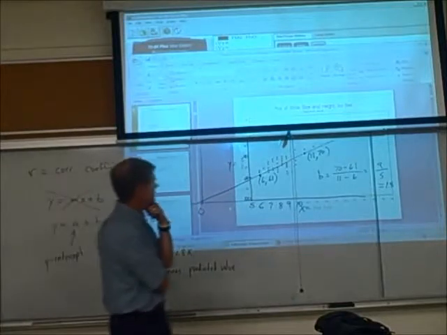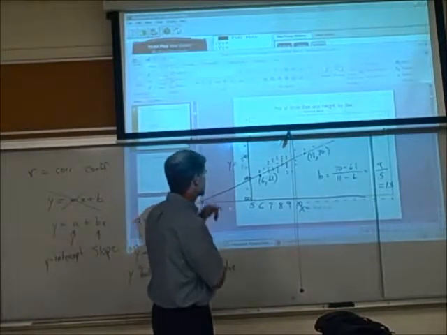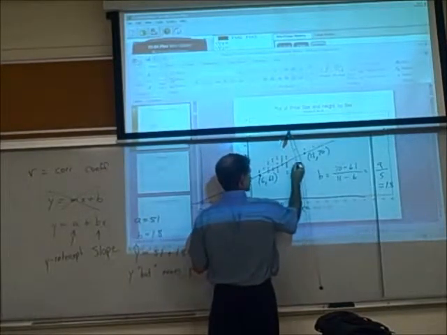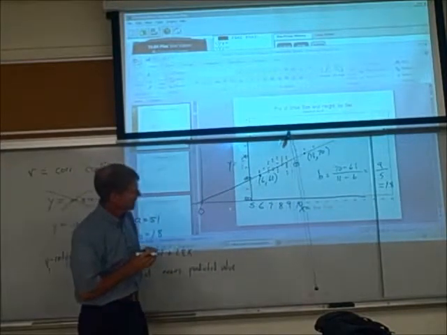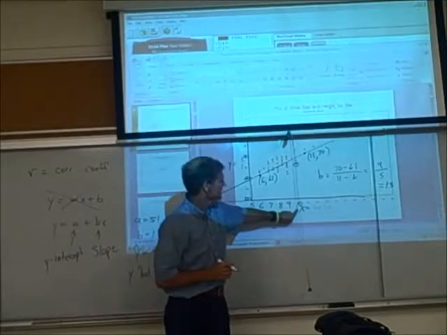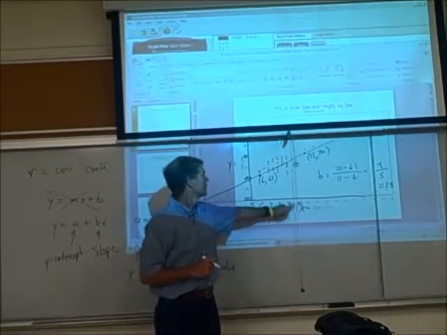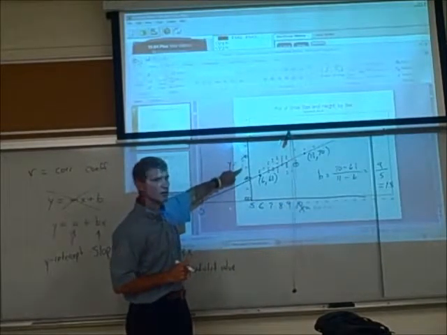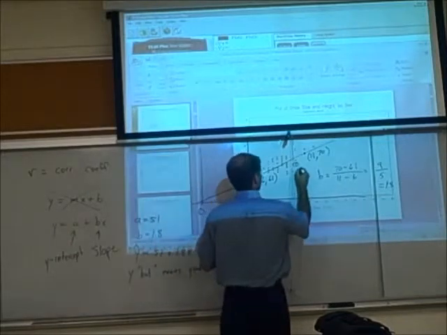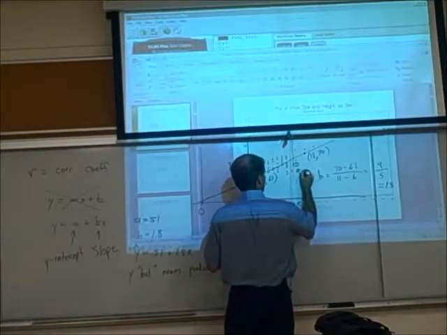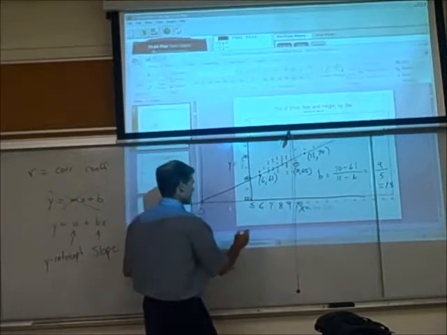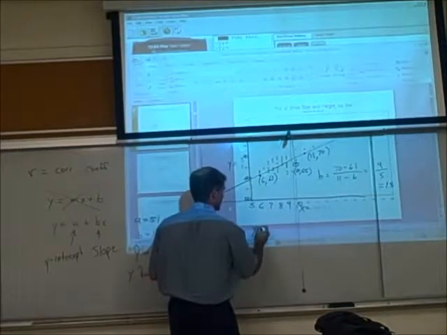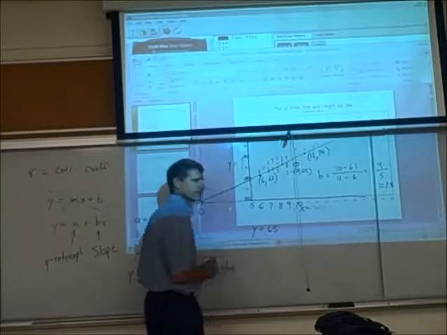So let me circle this point right there. That's a girl with a size 10 shoe who is 65 inches tall. So that point is (10, 65). So the Y value at that point, Y equals 65.